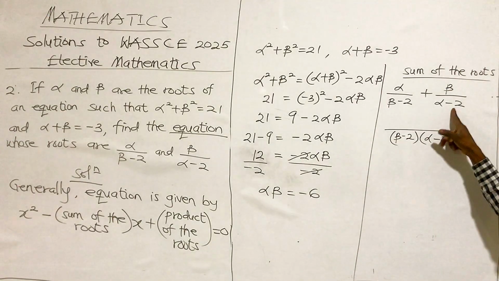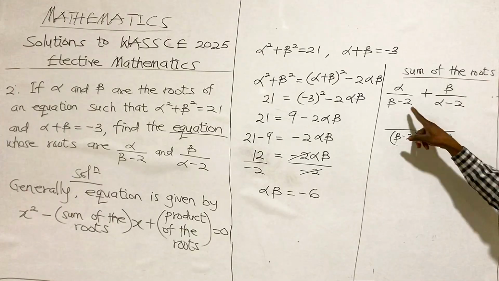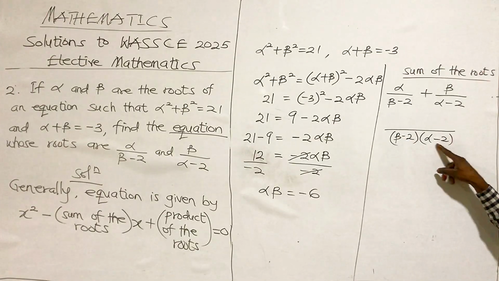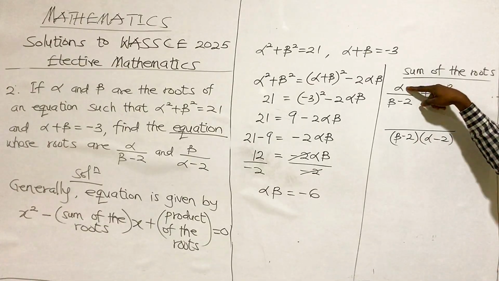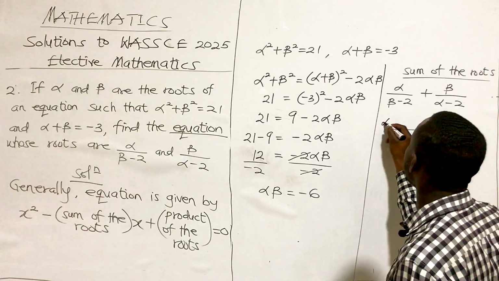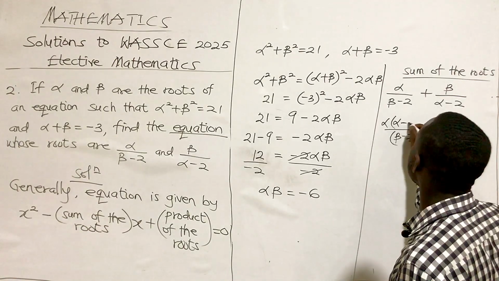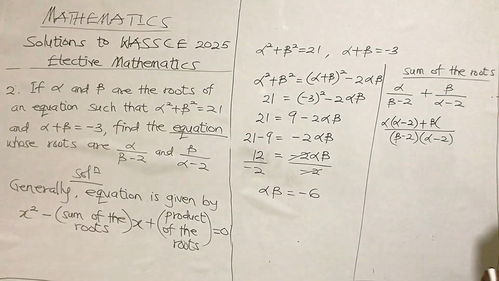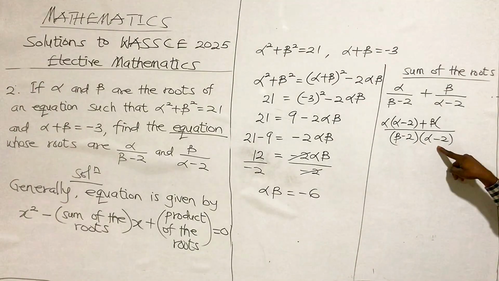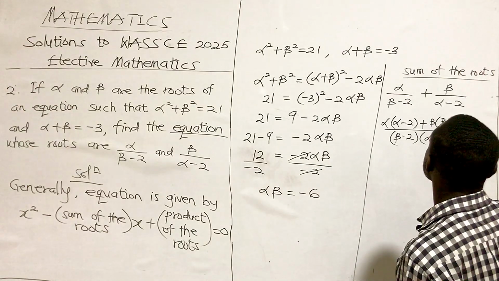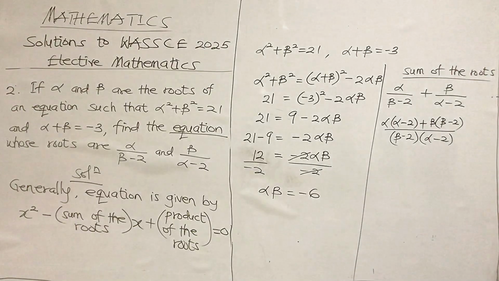The alpha minus 2 multiplies the alpha in the numerator, so we have alpha times alpha minus 2, plus beta times beta minus 2.